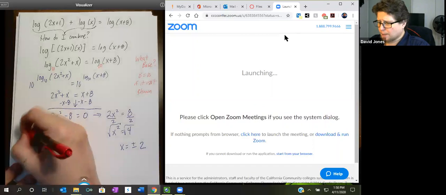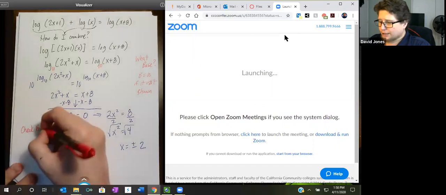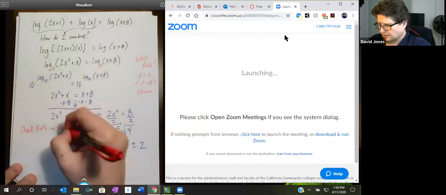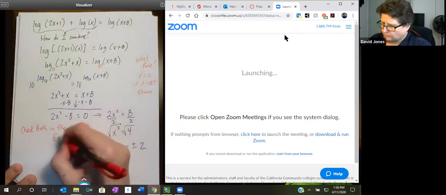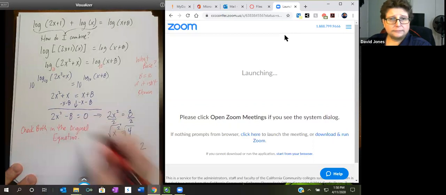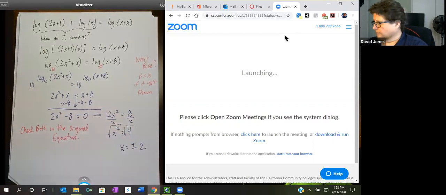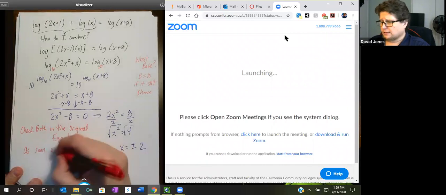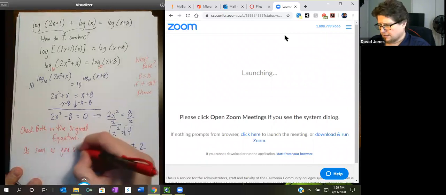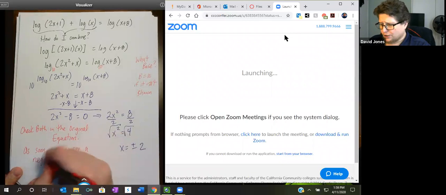Now we have to check both in the original equation. When you do this, as soon as you see a negative argument, you can stop.